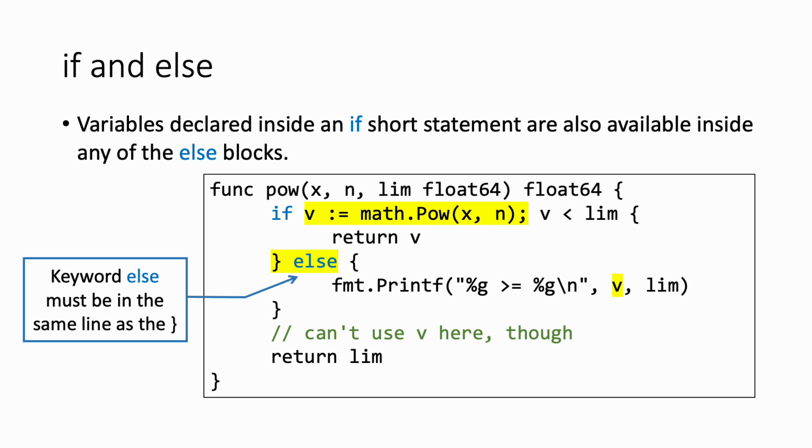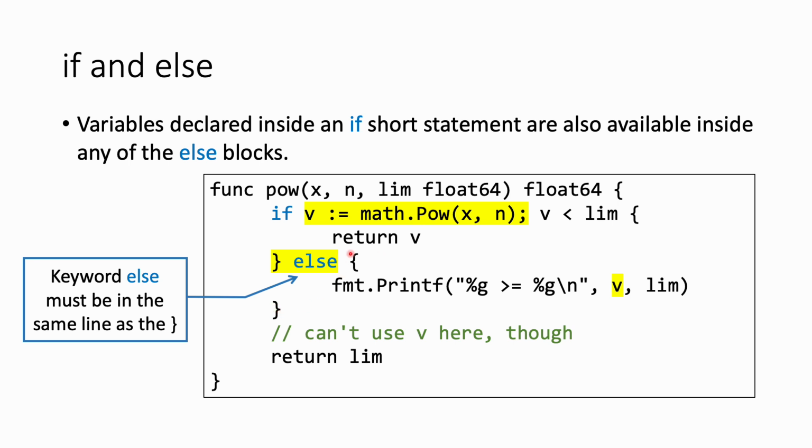You can also write an if statement with an else block. The else block starts with the else keyword that must be in the same line as the closing brace of the if statement. The else is followed by statements within a pair of open brace and a closed brace.